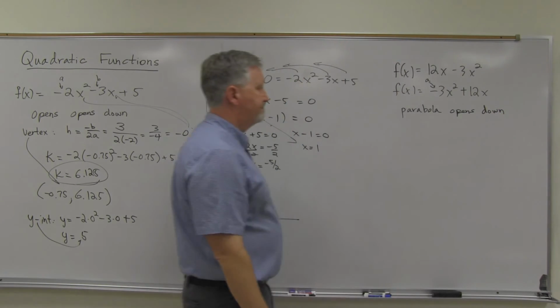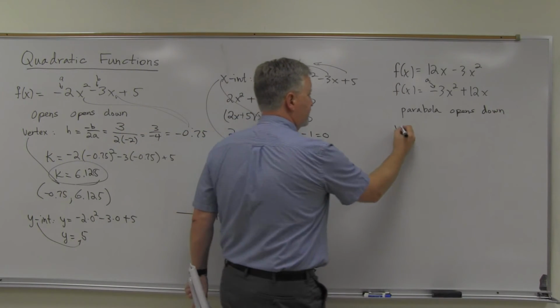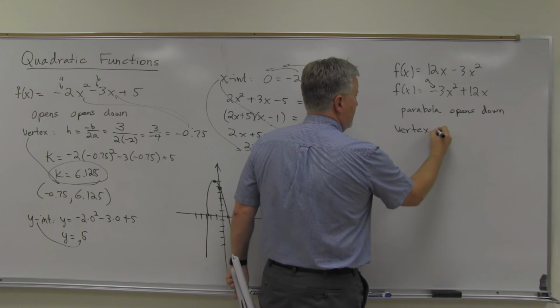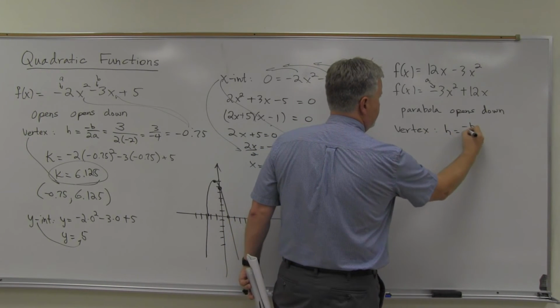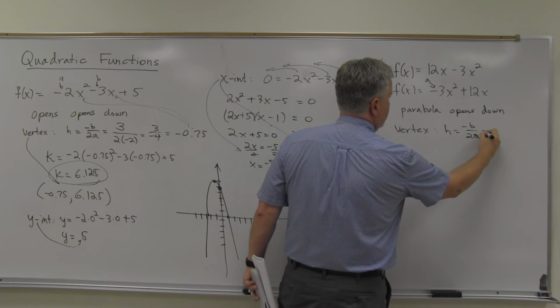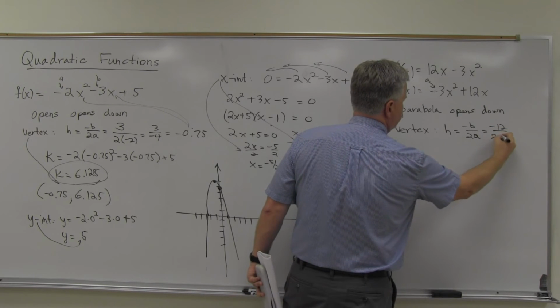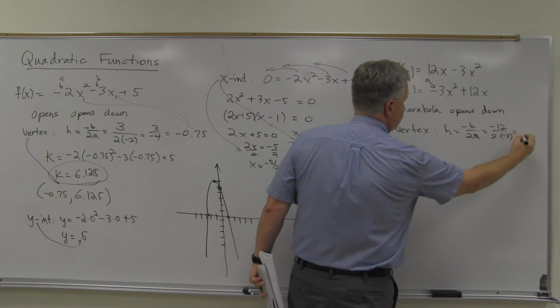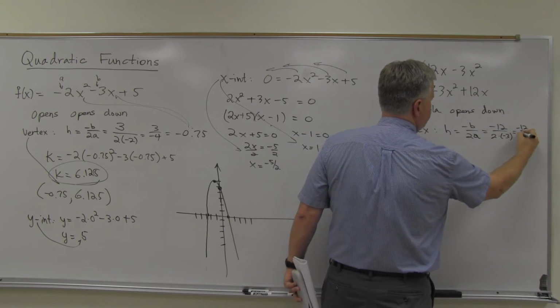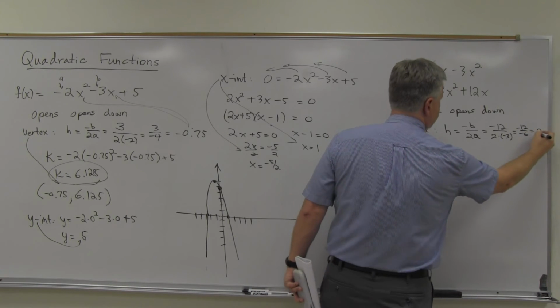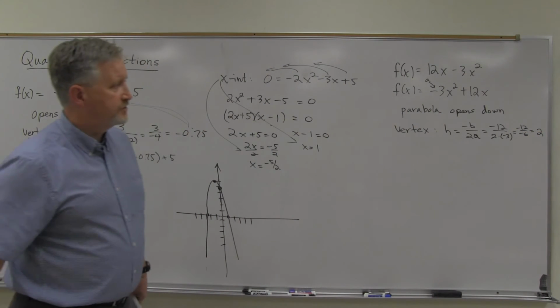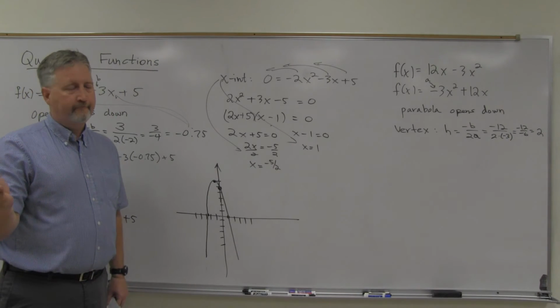All right, so let's get my vertex. h is negative b over 2a, so that would be negative 12 over 2 times negative 3, negative 12 over negative 6, which is positive 2. h is 2.